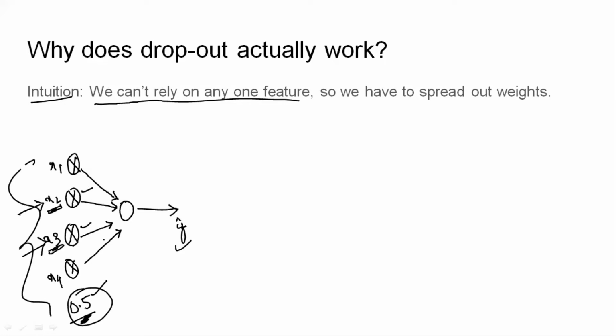Even if that input feature is excluded from this neural network, it does not cause a very adverse effect on the performance of this learning algorithm. I hope this concept is clear to you, and it is easily understandable using this small neural network.